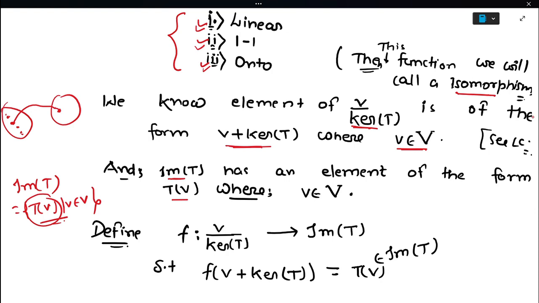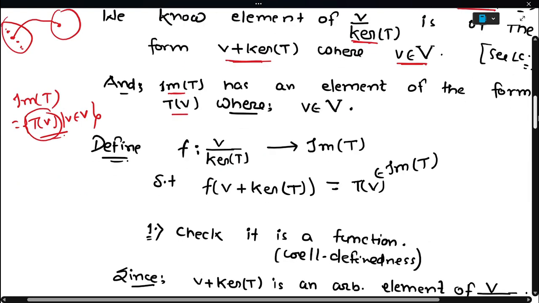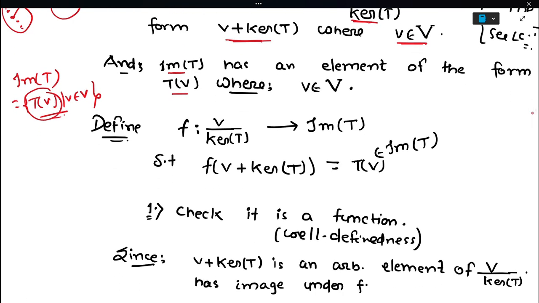So take an element v plus kernel of T from V by kernel of T, and as its image take T of v. Now we will see that this is actually a function.